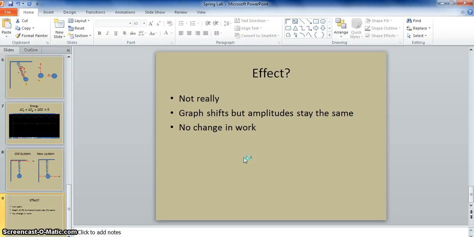There would be a change in the graph with the potential energy shifting. However, its amplitude would remain the same, and therefore the changes within it would remain the same, meaning no net change in energy.